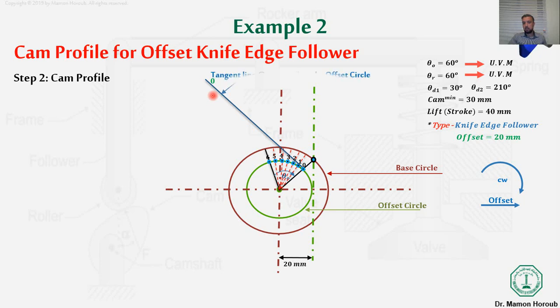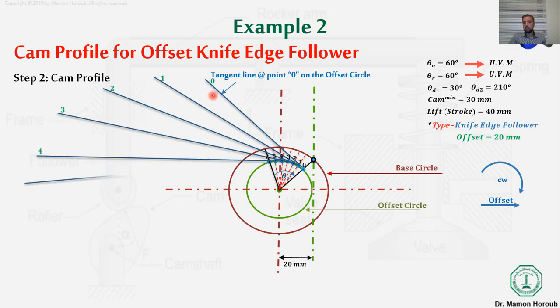The same thing for 1, 2, 3, 4, 5 and 6. Each line should be tangent to the offset circle at that point, and we name them 0, 1, 2, 3 until 6, as mentioned before.